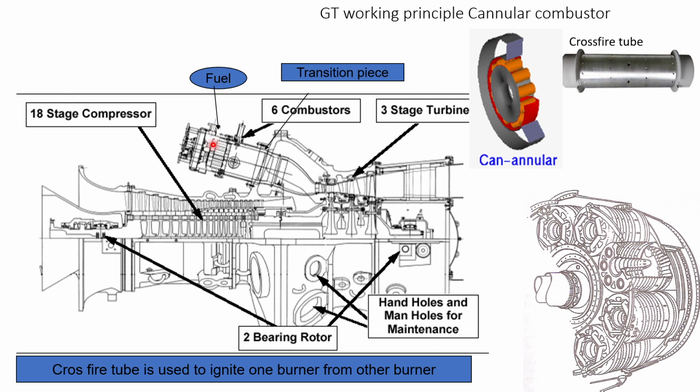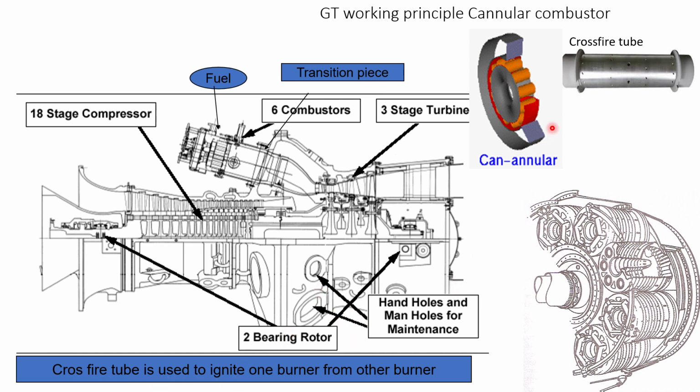Fuel comes here and goes into the combustor and is fired, and then there is a turbine which is either 3-stage or 4-stage. These bearings are on the compressor end as well as on the turbine end, and hand holes and manholes are provided at the bottom of the casing for maintenance.